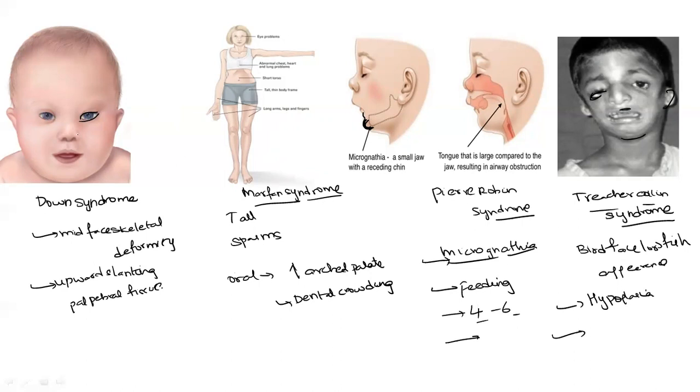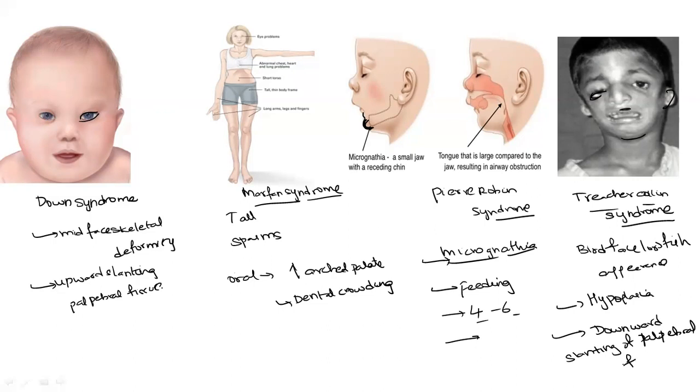Like you can see, Down syndrome and Treacher Collin syndrome, do not get confused. They both have a deformity where there is a skeletal deformity and the eyes have a problem with it, but then they both are different. Okay, because in Treacher Collin syndrome, you see downward slanting of palpebral fissures.